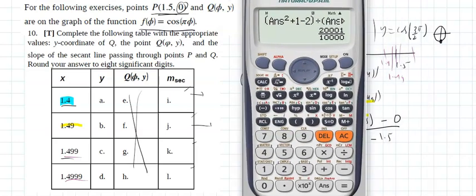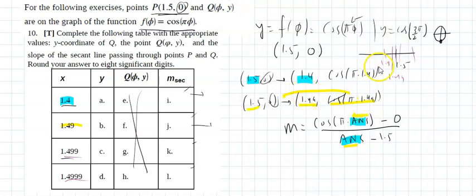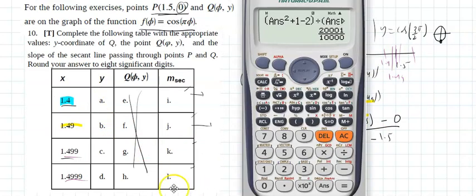So all I have to do is input this formula right there. First value is 1.4. I'm going to input 1.4 in my calculator. So if I take 1.4, enter. There it is. Now it's stored in my answer. If I go answer, it'll say it is 1.4.